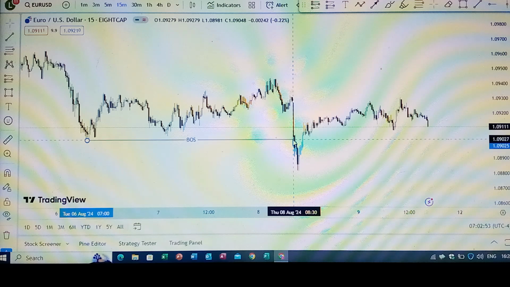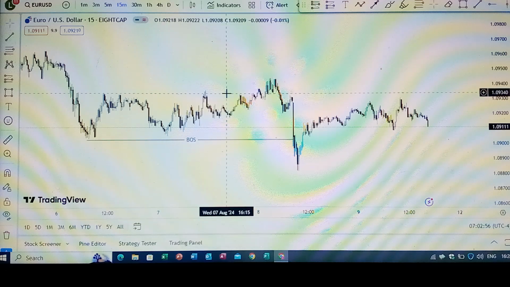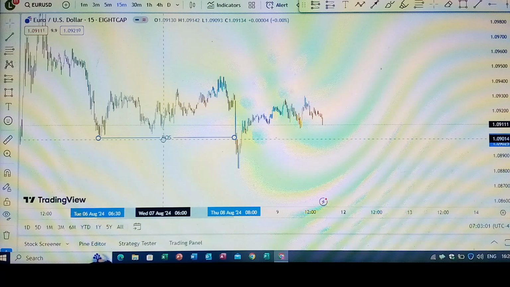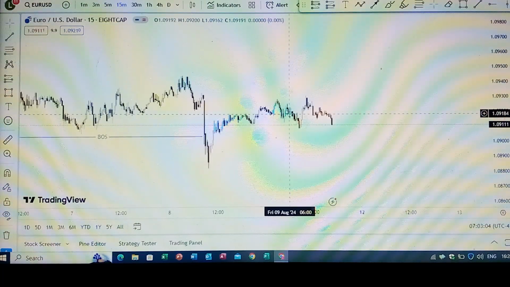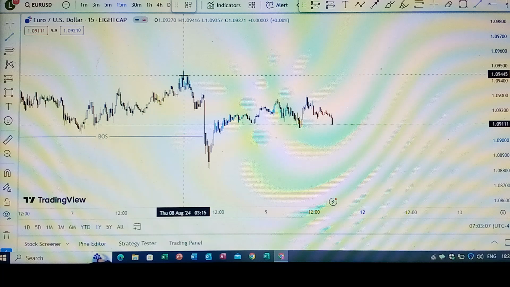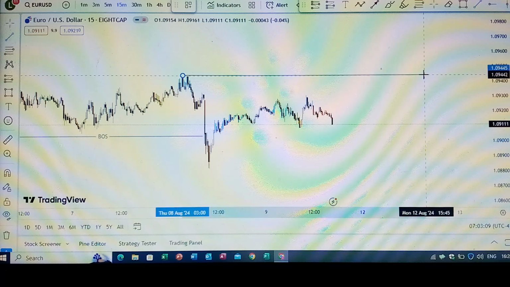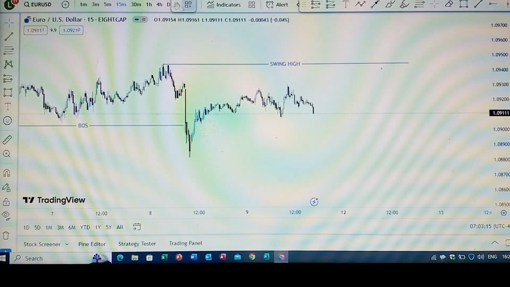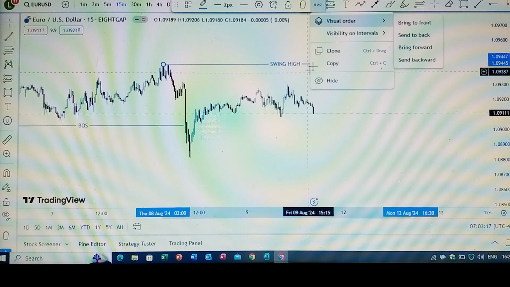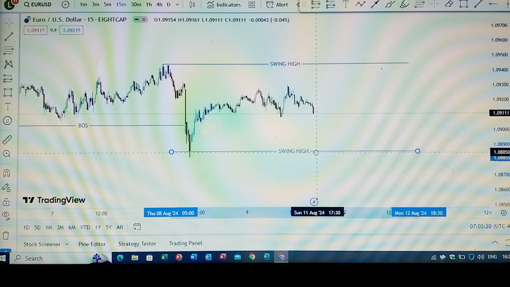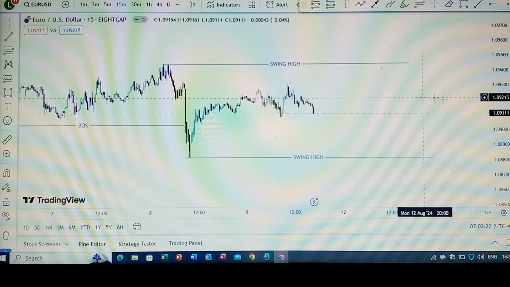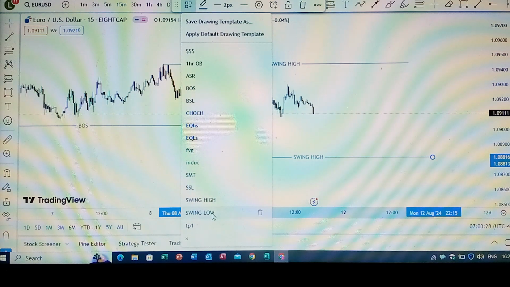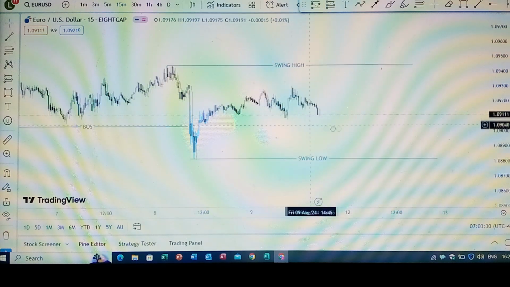And I'm trading from this swing high to this swing low down here on the 15-minute time frame. So I'm trading from this high to this low down here.